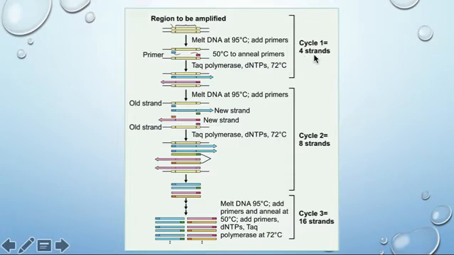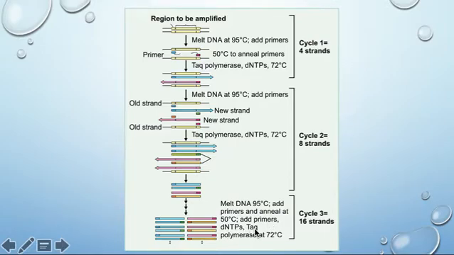That is where you get 4 strands. Subsequently, after the second cycle, you get 8 strands of the target DNA. Then after the third cycle, around 16 strands are synthesized. So the DNA is heated at 95 degrees, then you have the primers and then annealing at 50 degrees centigrade. Deoxynucleotides are added.